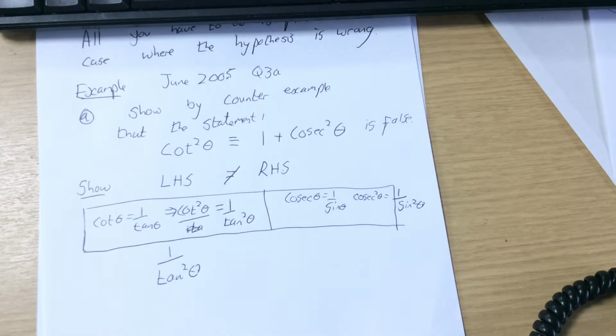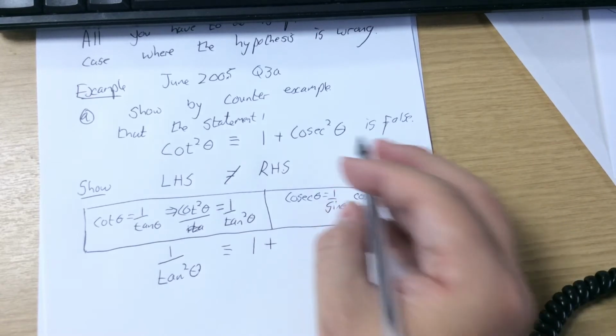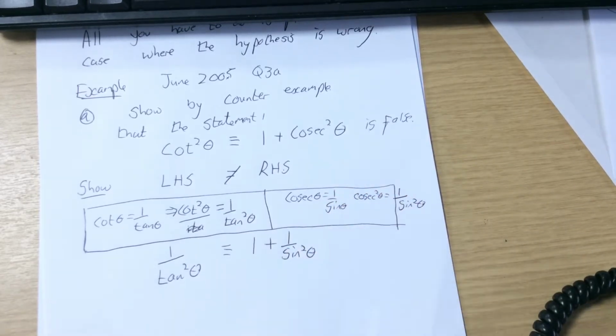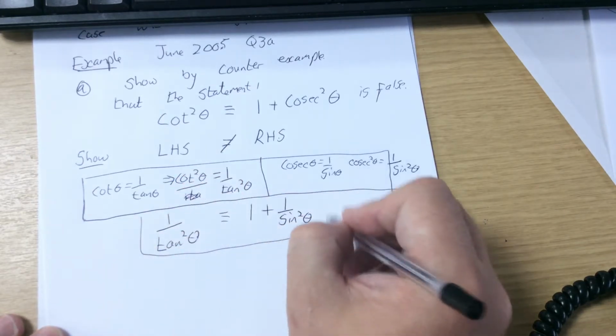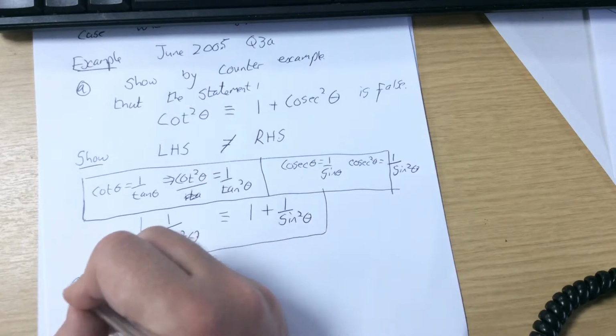So on the right hand side, I'm going to be working with 1 plus 1 over sine squared theta. And what do I need to do? I need to pick a value of theta. It can be any value at all. Let's try theta as 30.